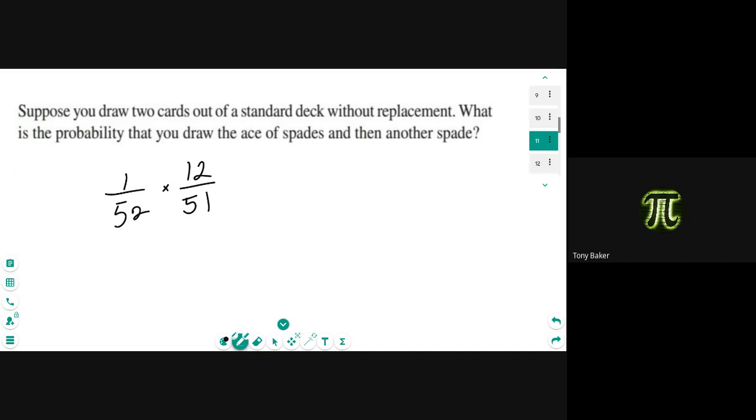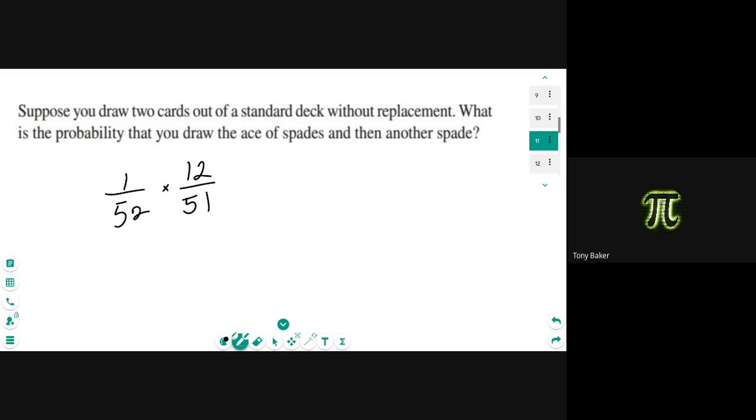Yeah, there's 4 aces. It's that whole English piece that comes. So yeah, there's 13 spades. So yeah, you pulled out the 1 ace.